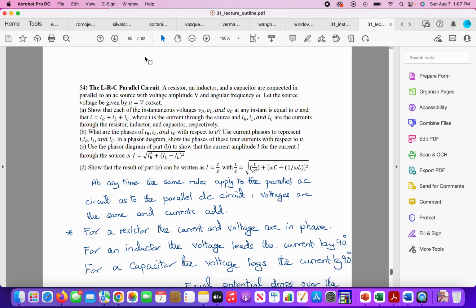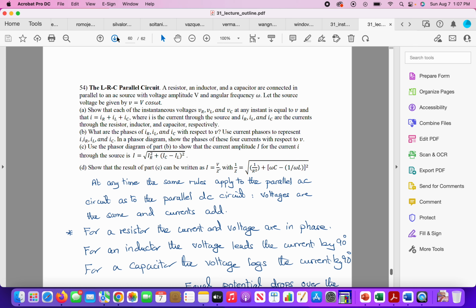In a phasor diagram, show the phases of these four currents with respect to V, and use the phasor diagram of part B to show that the current amplitude I through the source is given by this expression. Finally, show that the result of part C can be written as V divided by Z prime, with 1 over Z prime being this value.